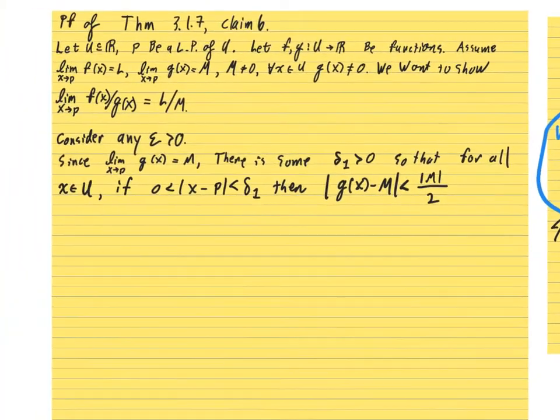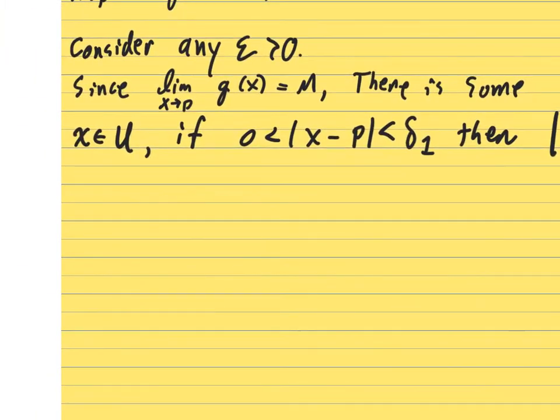Well, it's something about g of x, so let's study g of x. Thus, for this particular choice of x, the absolute value of g of x is equal to the absolute value, and I'm going to do something a little bit crafty here. That's the same thing as m minus, parentheses, m minus g of x.